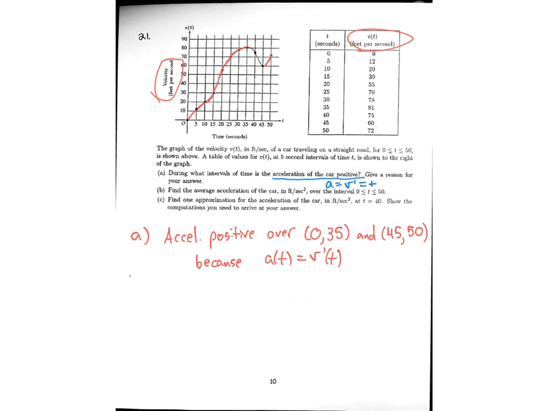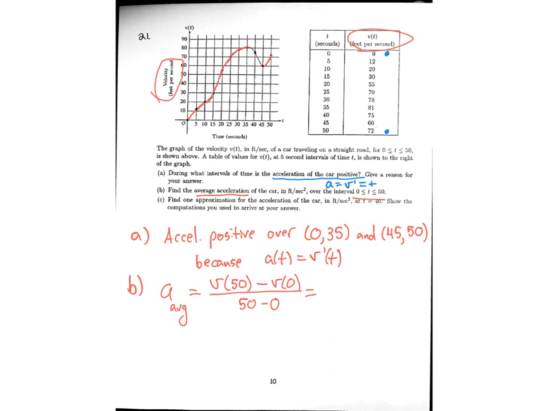All right. In part B, we're asked to find the average acceleration of the car over the interval 0 to 50. So the average acceleration is found by looking at the change in velocity over that time interval. So we're going to do velocity at 50 seconds minus the velocity at 0 seconds over 50 minus 0. What's nice about this particular example is that you don't need to plug in any numbers into an equation or anything like that, because we've got a table up here that tells us certain velocities at certain points in time.